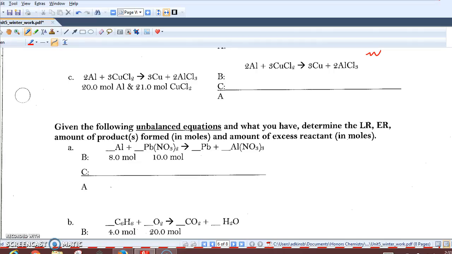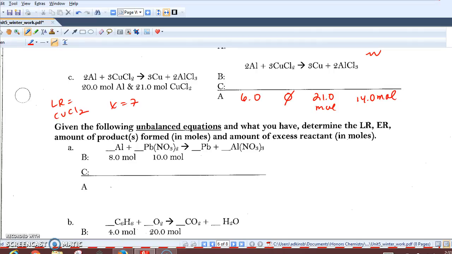So for C, X was equal to 7, and your limiting reactant was the CuCl2. Your after was 6, 0, and made was 21 moles and 14.0 moles of the AlCl3.